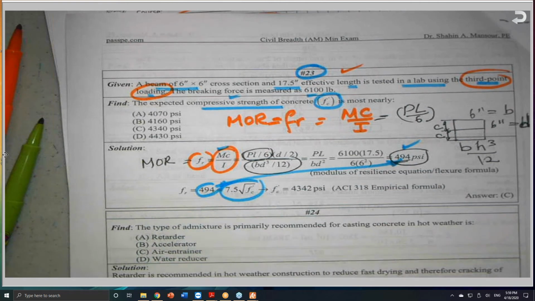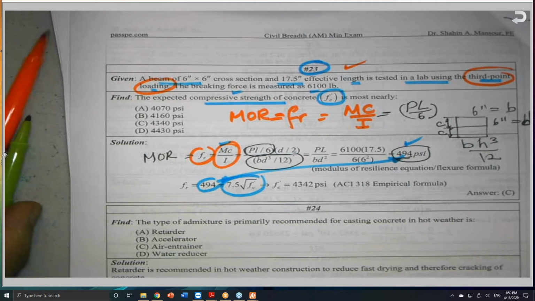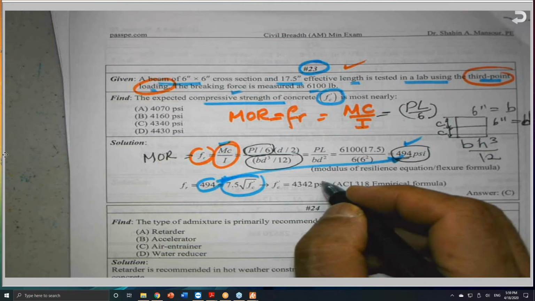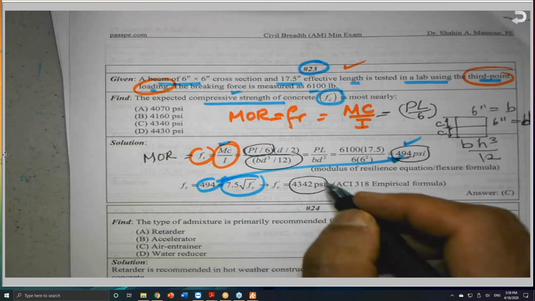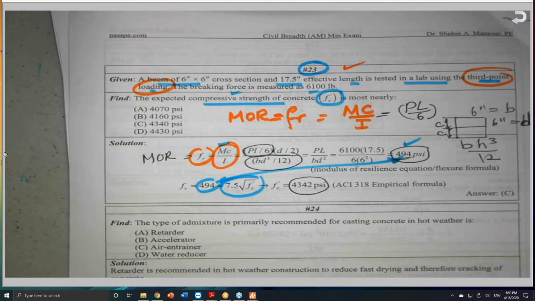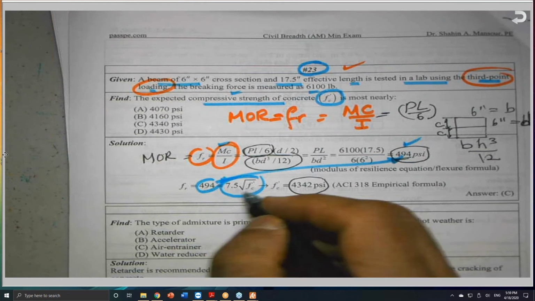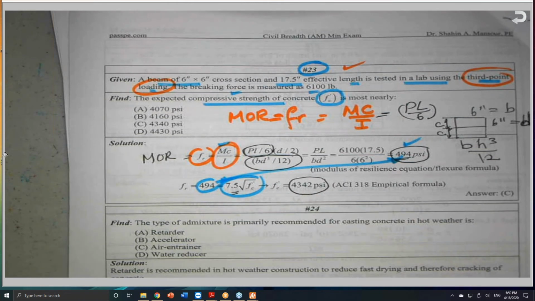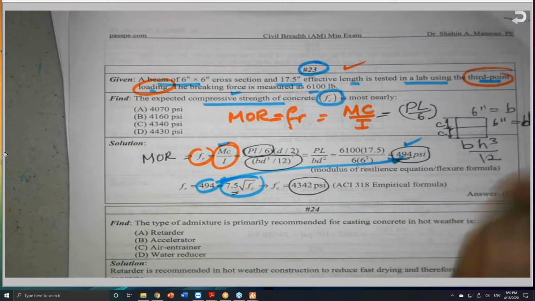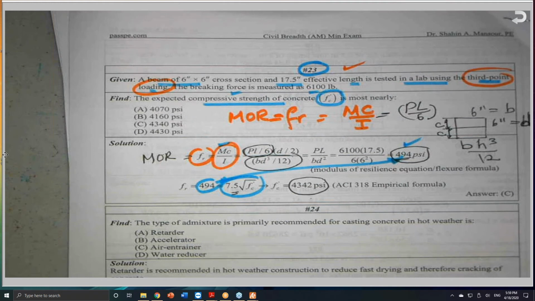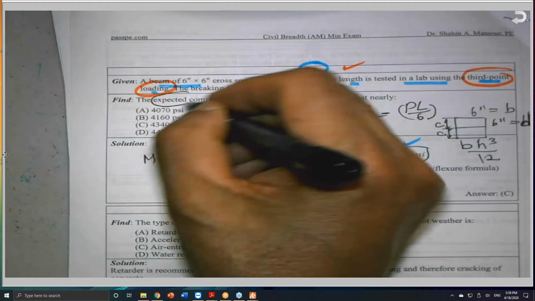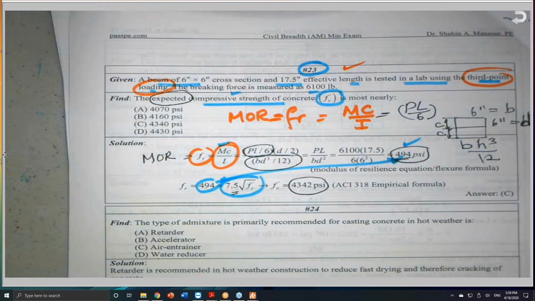If my math is correct, please let me know if there's any typo or mistake or an error. So in this case, we can get F sub C prime indirectly. So using this empirical formula, from the beam test, we can estimate the expected compressive strength.